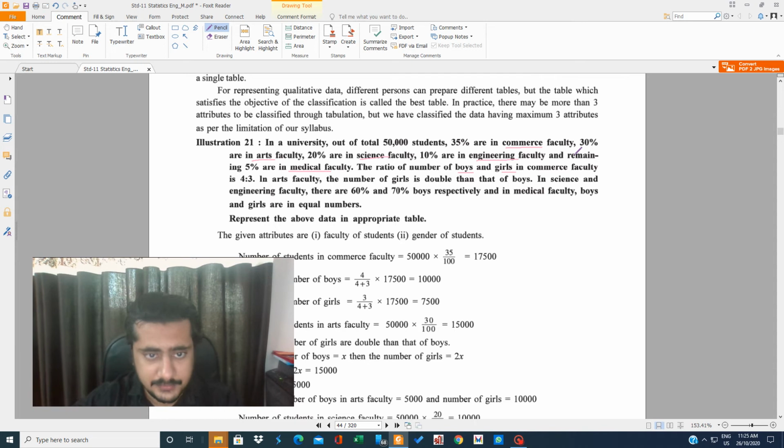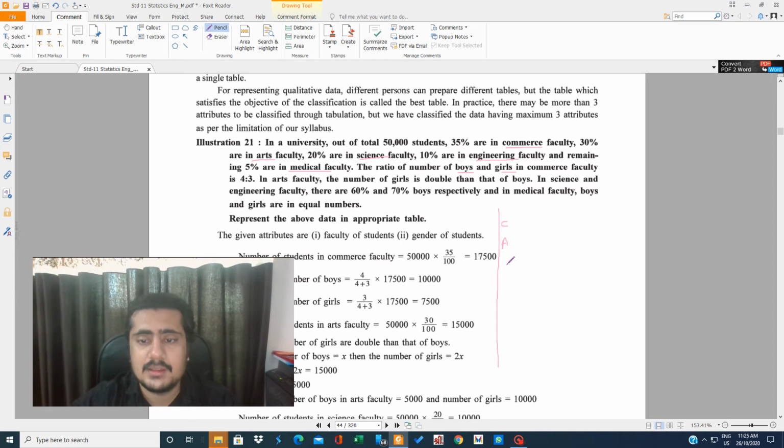So how is your table going to be made? If someone tells me to prepare the table, it will be prepared like this. There is a commerce faculty, an arts faculty, a science faculty, an engineering faculty, and a medical faculty.